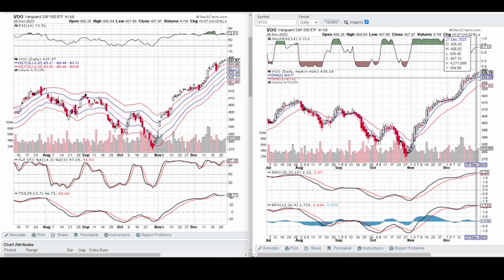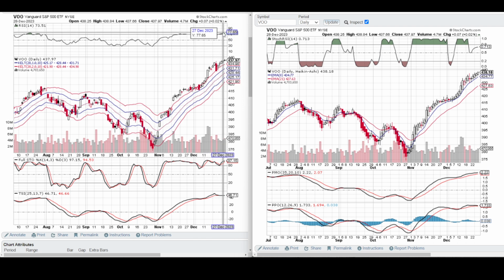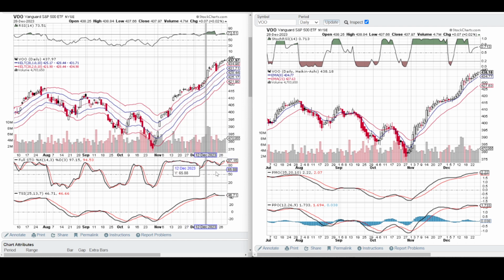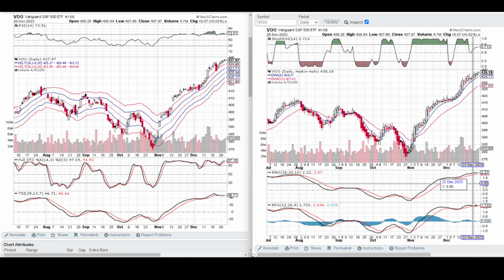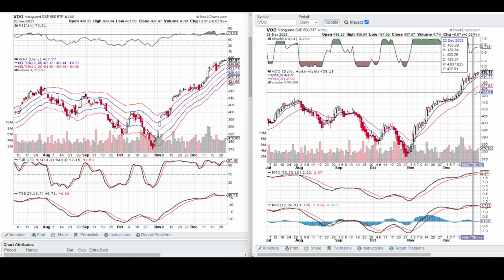But what I'm waiting for is for the stochastic RSI to get back up here into the green. RSI is still very high over here on the left chart. Everything's trending upward. I don't see anything right now that's showing that there's going to be any kind of price drop.